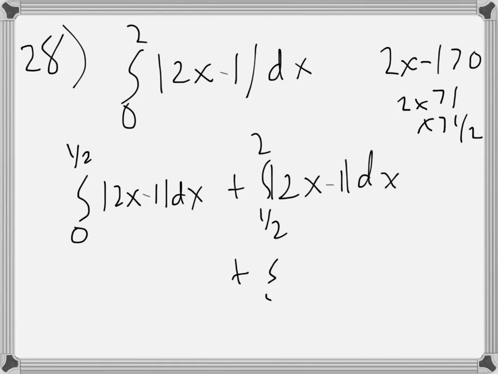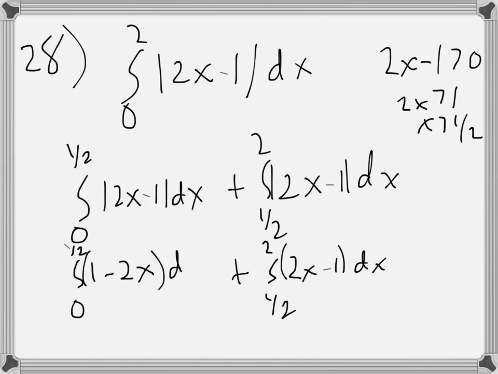So in that piece, we don't even need the absolute value. However, over here, I basically just need to multiply by a -1 because that's what the absolute value is doing. And so now on the next slide, I will evaluate both these integrals separately, and then I'll add them together. So I guess we'll call them a and b.